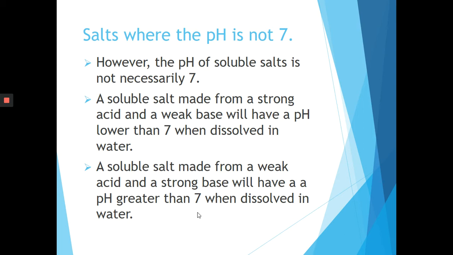Another thing is, I don't know if you remember, but if we ever tested ammonia gas, we had to dampen the pH paper and stick it at the mouth of the boiling tube. Why would we have done that?